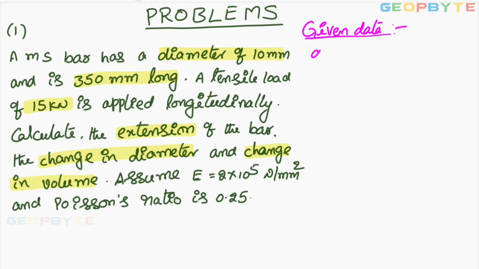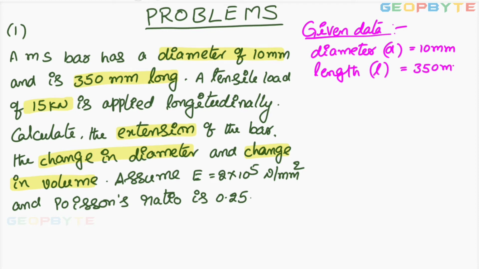The diameter of the rod D equal to 10 mm. Length of the rod L equal to 350 mm. Tensile load P equal to 15 into 10 raised to 3 newtons.